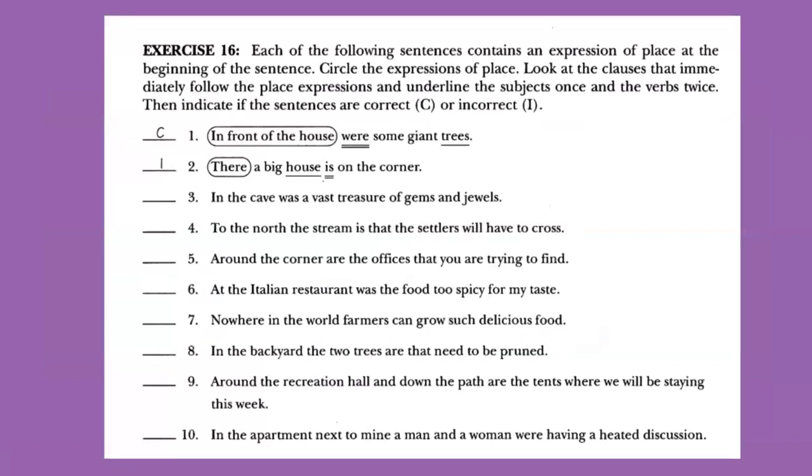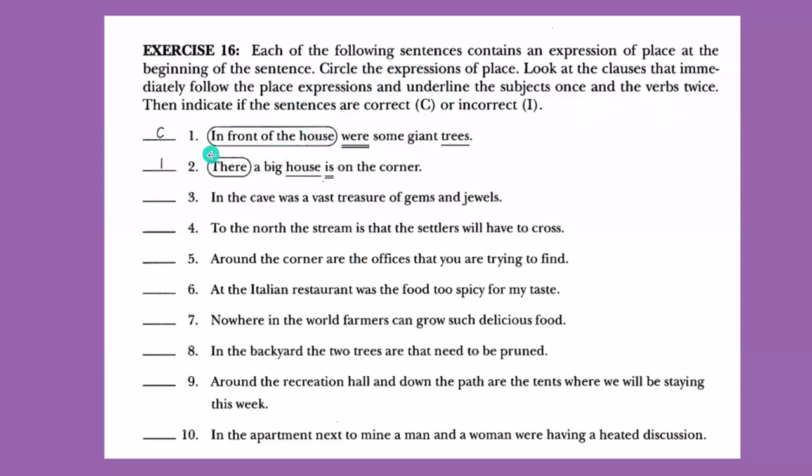Good. Let's do this activity. It says each of the following sentences contains an expression of place at the beginning of the sentence. Circle or identify that expression and look at the clauses to determine if the sentences are correct or incorrect. Let's see number 1 and 2 that are the examples.